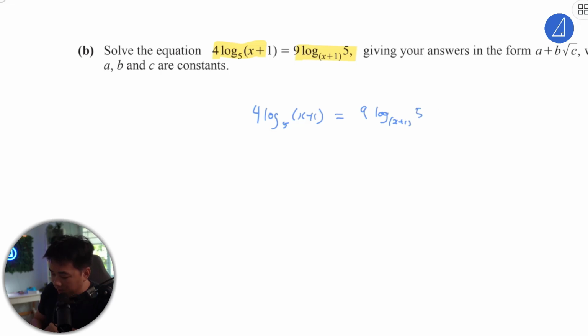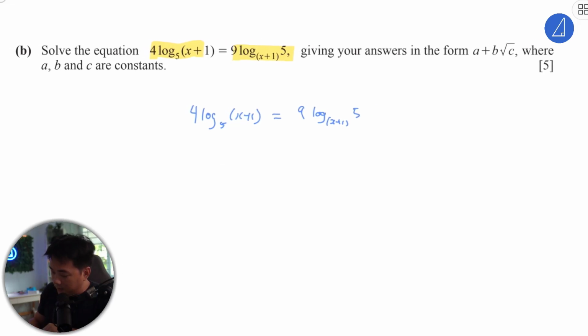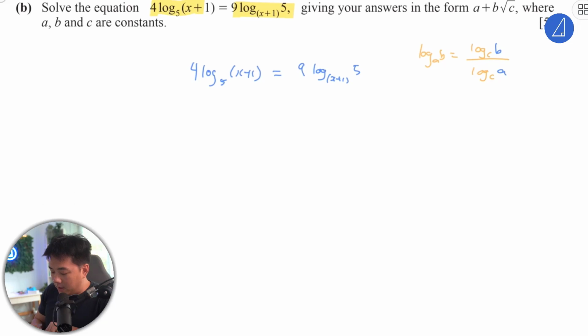By changing our base, remember the change of base is log base a of b equals log base c of b over log base c of a. So you just write log c, whatever you want to change to, you put the b on top and a below. In this case, I just change it to base 5 for both.